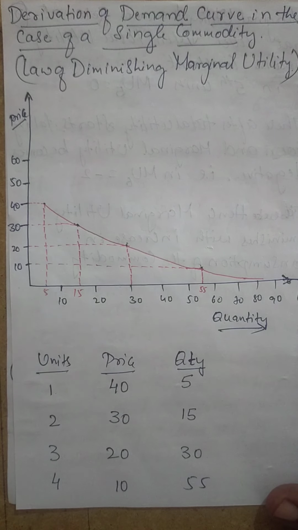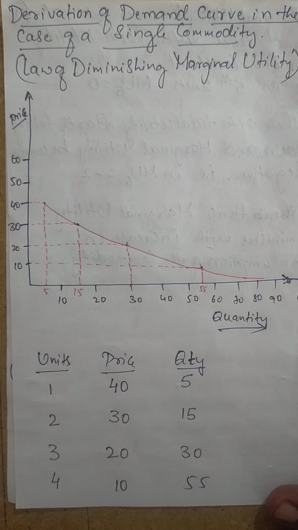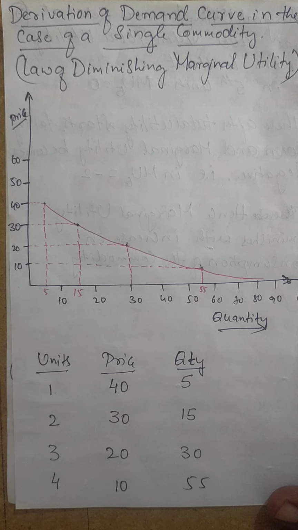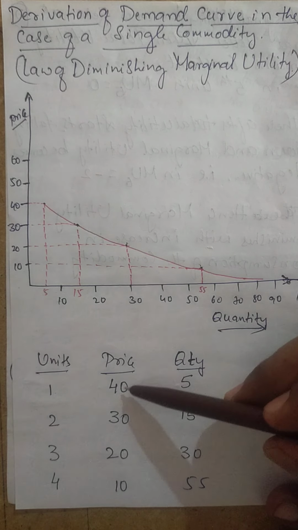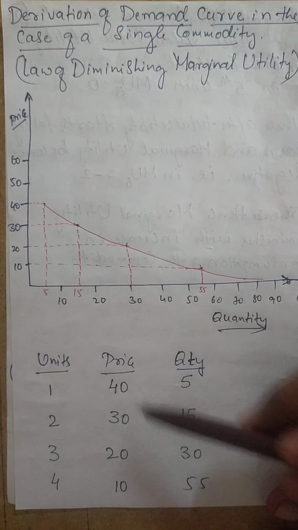Like you take cotton or sugar or rice, whatever you want, the quantity of commodity that a consumer is willing to buy at a given price and income is called demand.